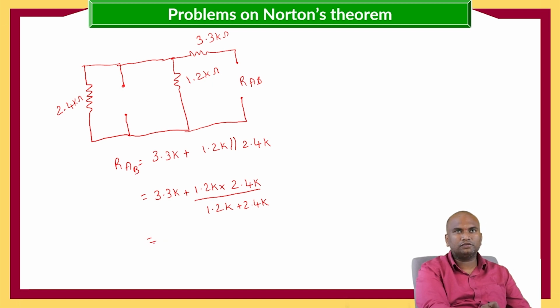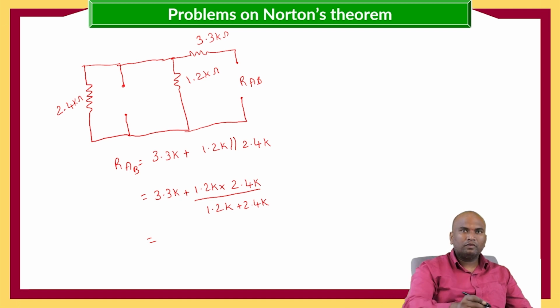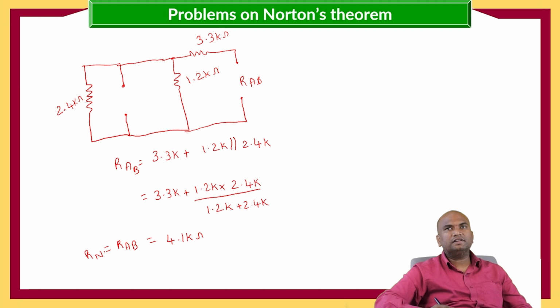RN is equals to 4.1 kilo ohms. This is the RAB value, and we can also write it as Norton's resistance. This is the way we need to calculate the Norton's current and Norton's resistance.